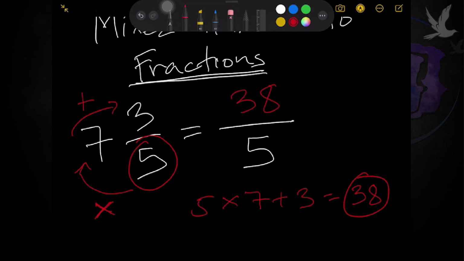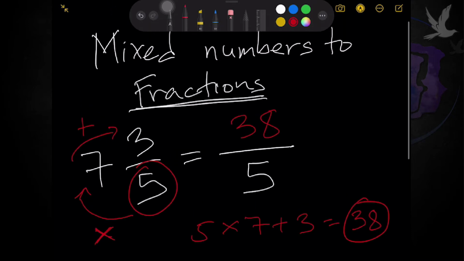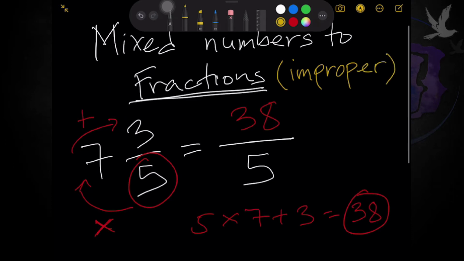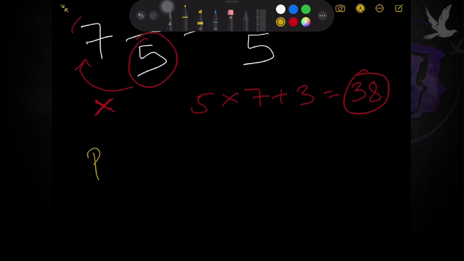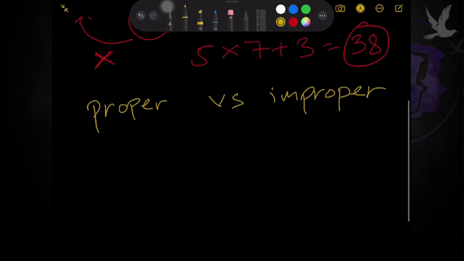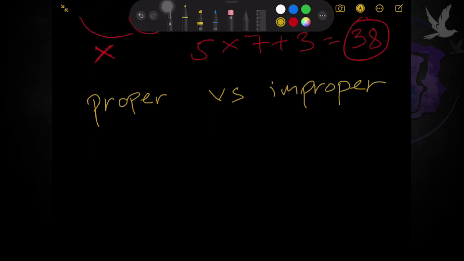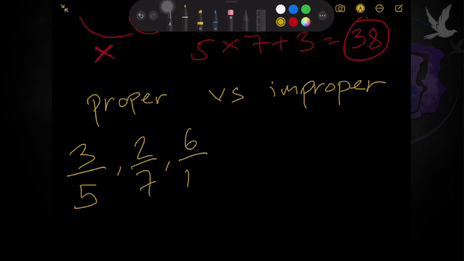Okay. Now, the question here, kanina, anong klaseng fraction ito? This type of fraction is called an improper fraction. Why do you call it improper? Okay, anong difference nila? Proper versus improper fractions. Proper fractions, their numerators are usually smaller than the denominator, such as 3 over 5, 2 over 7, 6 over 11.